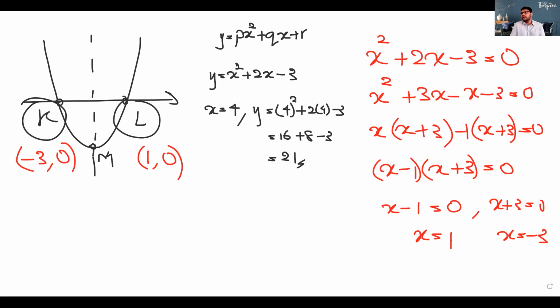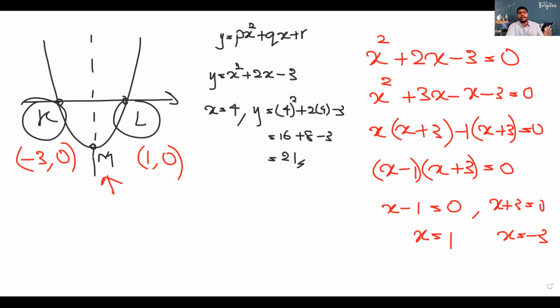So children, to get the value of M, remember, always in a quadratic graph, the turning point is going to be exactly halfway between the two x-intercepts. So the x-intercepts here are negative 3 and 1.